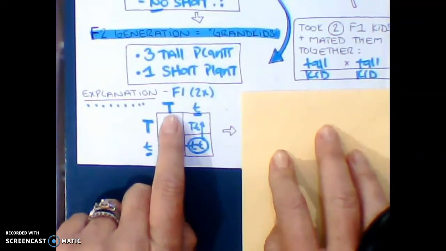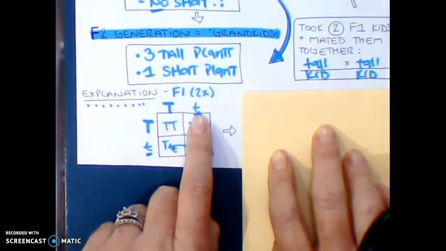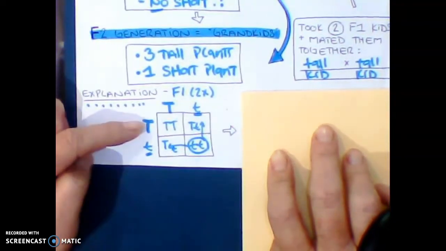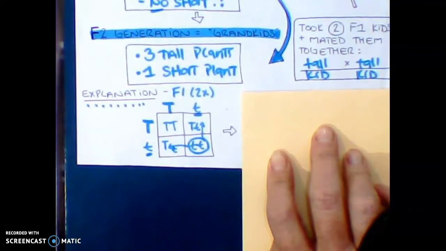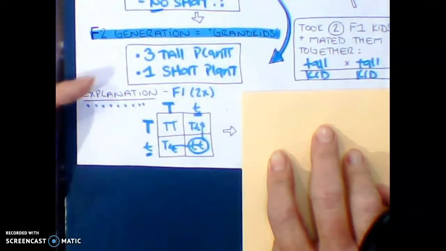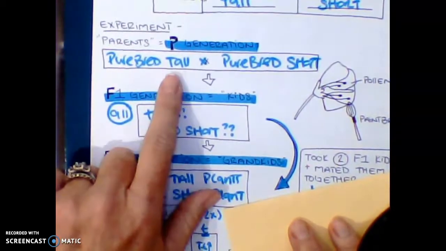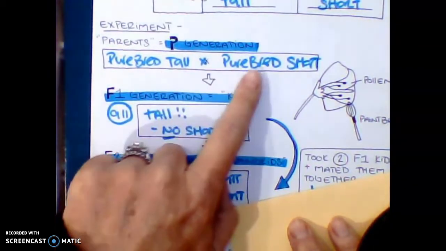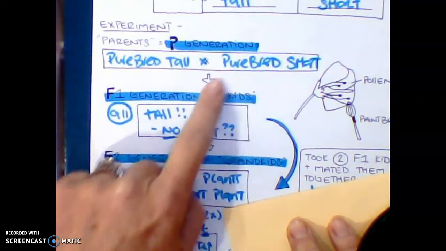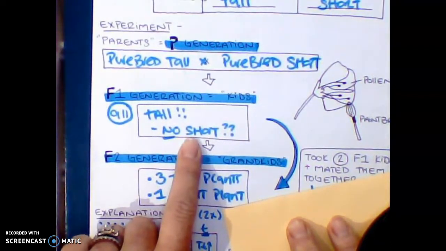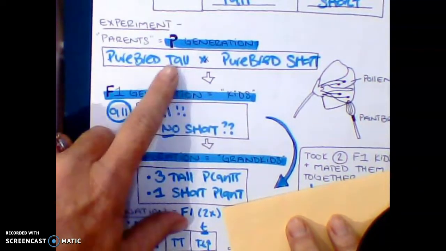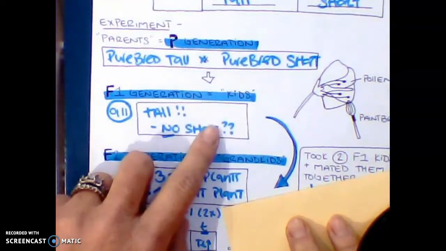So if you use that as your claim or your hypothesis, and then you write a capital letter for tall and a lowercase letter for recessive, all of a sudden we start to realize, well, wait a minute, if the original parents were purebred, that means the original parents way back up over here were big T and little t, which means that when we mated 2 of these kids together, this child has to only take half from mom, half from dad.